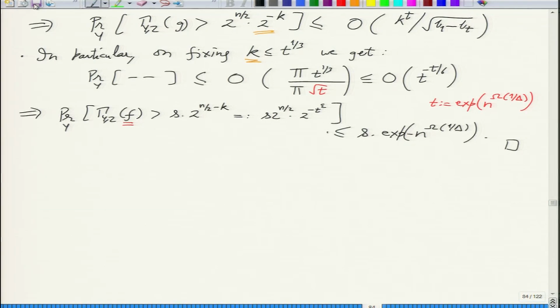So in this last statement there are two heavy things hidden in the notation. One is that the measure is large by that much amount, so closer to s times 2 raised to n by 2. This event, the probability is also dependent on s.